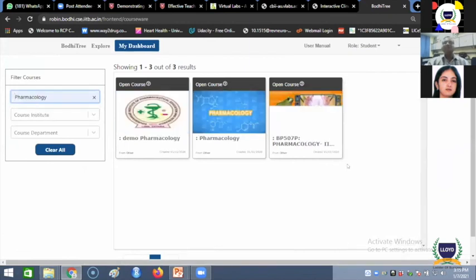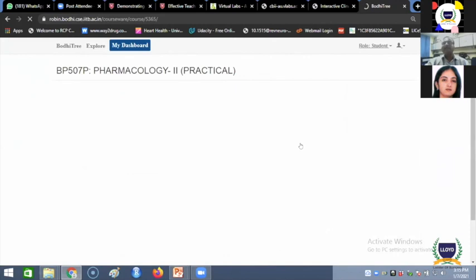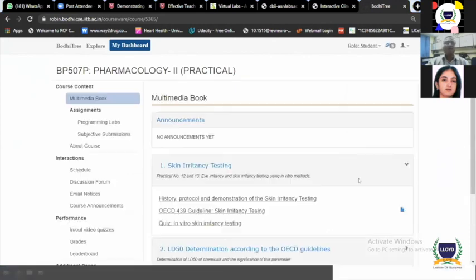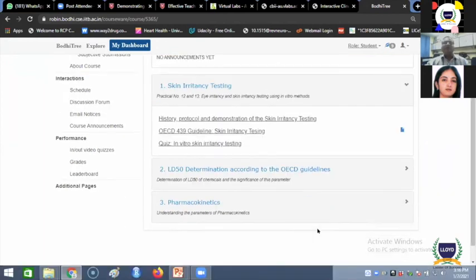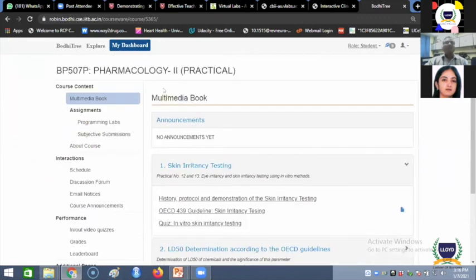In pharmacology, just now I mentioned that there is a practical named skin irritancy testing. The beauty of this platform is you can create your multimedia book, and students can access this multimedia book through their username and password using their mobile phones.